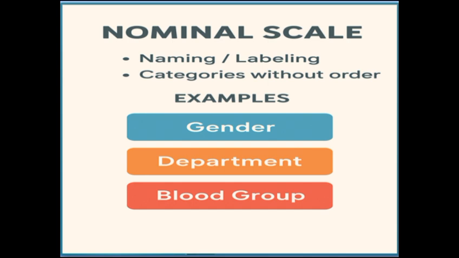Similarly, department names like HR, finance or marketing are nominal categories. In terms of statistical analysis, nominal data is generally summarized using frequencies, percentages or mode, and tests like chi-square are appropriate. Remember, nominal scales tell us what category something belongs to, but nothing about order or quantity.